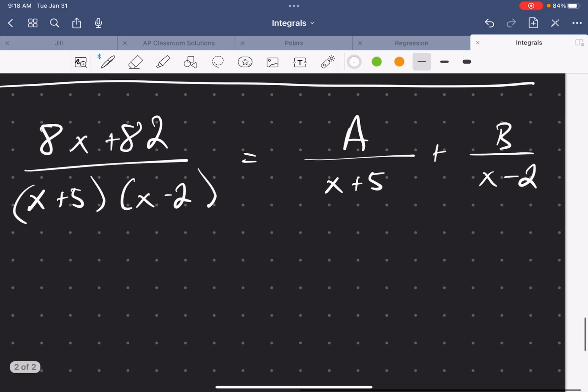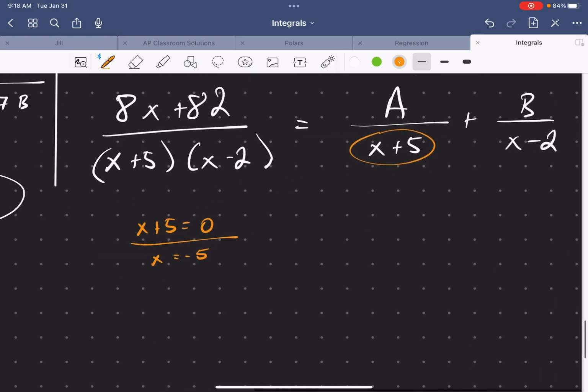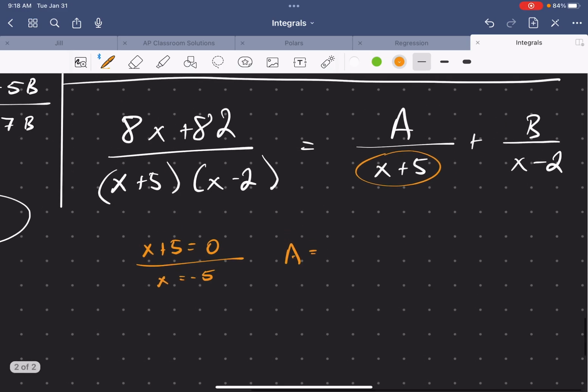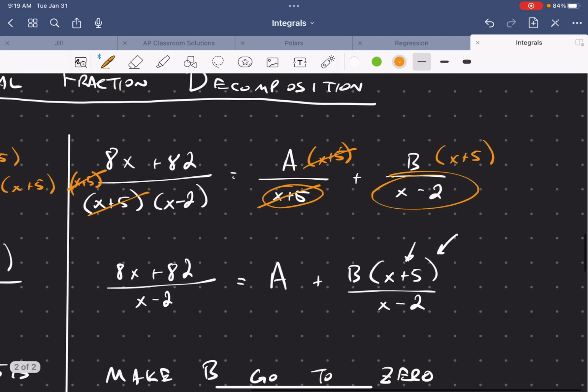So if you want to solve for a, we can just set that denominator, the x plus 5, equal to 0 and solve for x. Then our a value would be plugging that negative 5 into this whole left side, but ignoring the x plus 5, because the x plus 5 canceled out when we did this earlier.